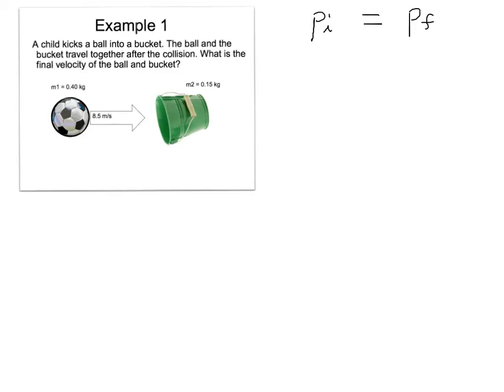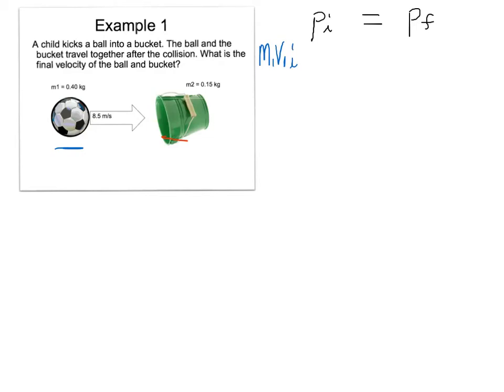So just for now, let me color code this. Let's have the soccer ball be blue and the bucket be red. Each object gets its own momentum, m1 v1i.